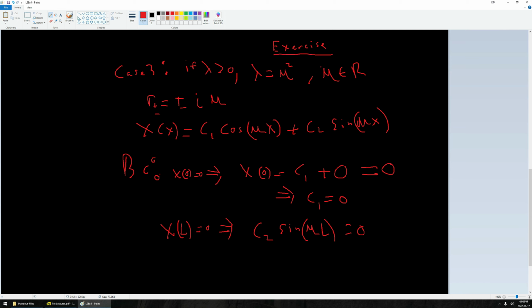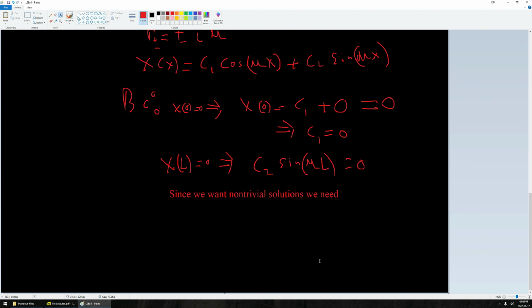We've seen something similar to this before, but instead of this mu term, we just had L, which was a fixed constant. We want non-trivial solutions, right? Otherwise we have issues satisfying the initial conditions.